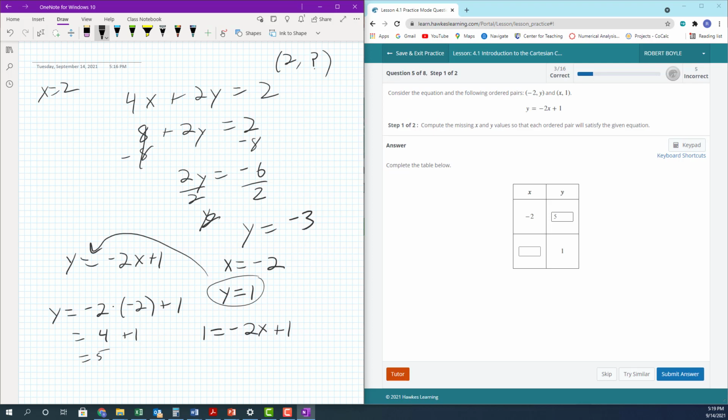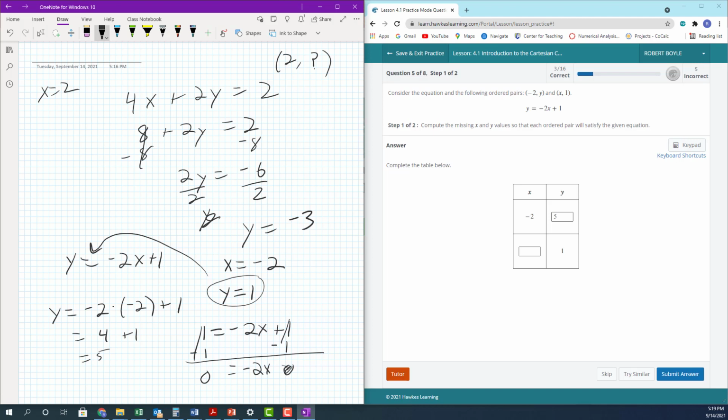So we want to get this 1 over there, and we can do that by subtracting 1 from both sides of the equation. And if we do, we have 0 here as well. And that means that 0 will be equal to negative 2x.